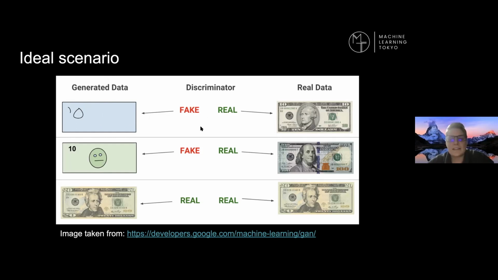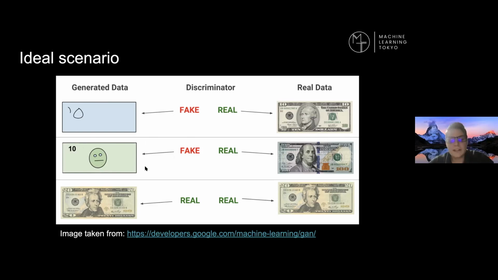And as the training goes on, the generator will actually become better and better at generating bills. So here, for example, you can see it recognized that it has to put a number on the top left, and it also probably should put a face somewhere on the bill. But the discriminator still can tell, okay, this bill still looks fake enough, so I'm going to reject it.